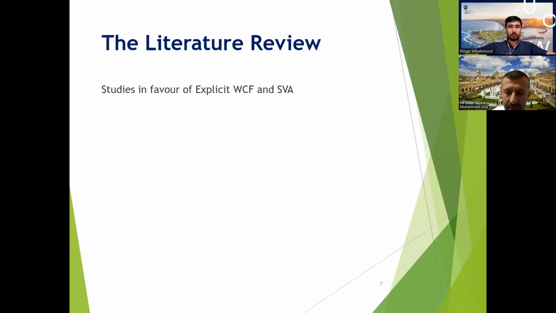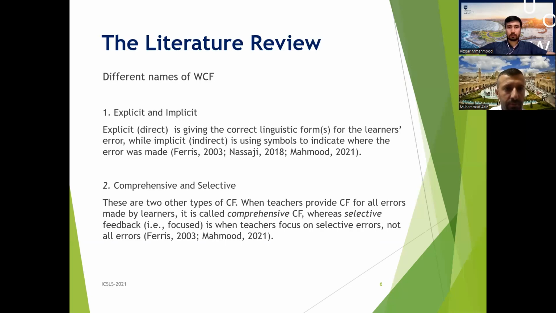Explicit and implicit, as can be seen here. Explicit means giving the correct linguistic forms for the learner's errors, while implicit, which is also indirect, is using symbols to indicate where the error was made.